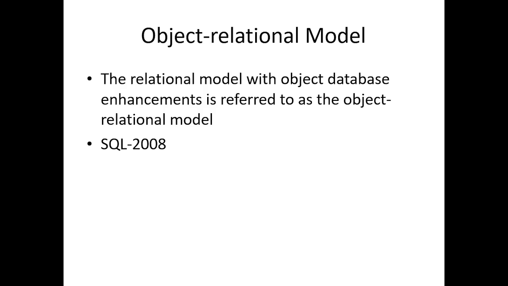This SQL was first specified by Chamberlain and Boyce, and it underwent enhancements and specializations in 1989 and 92. Then a new standard came up, initially called SQL 3, and later known as SQL 99.